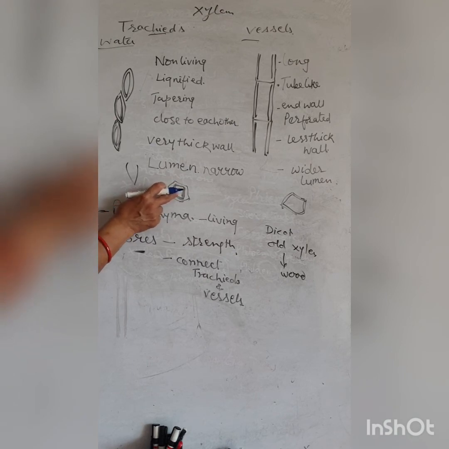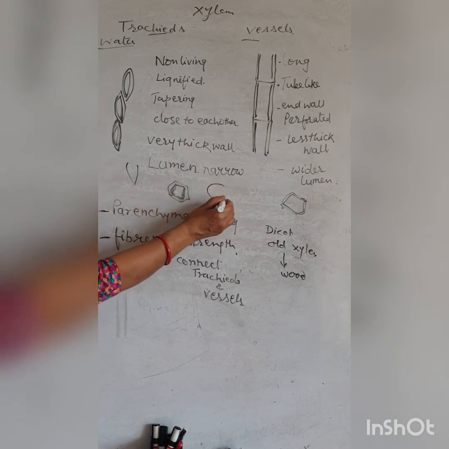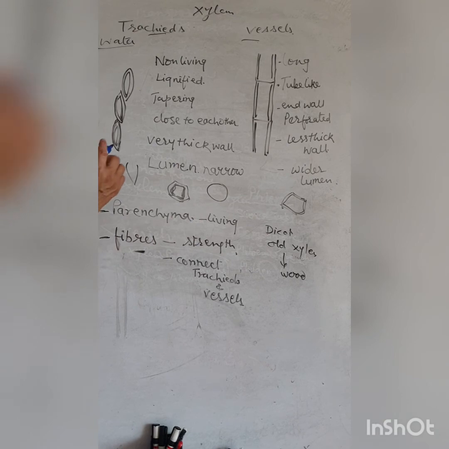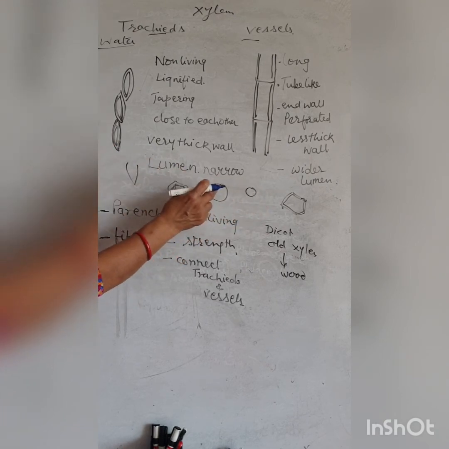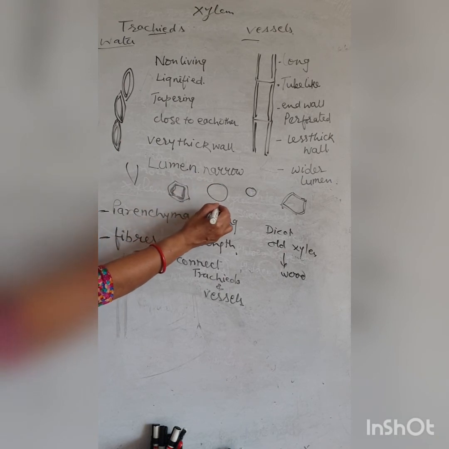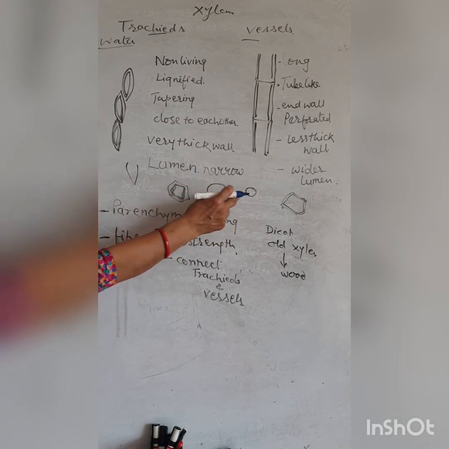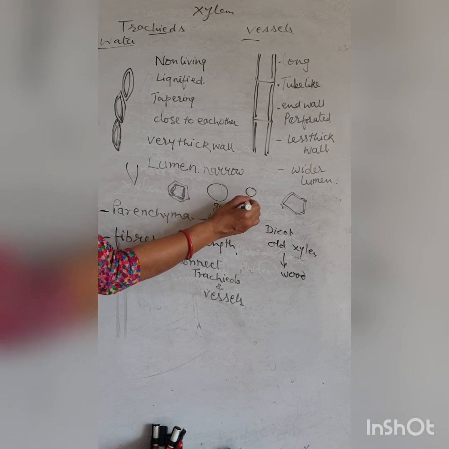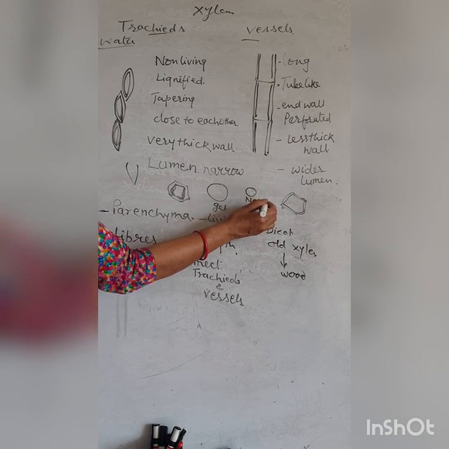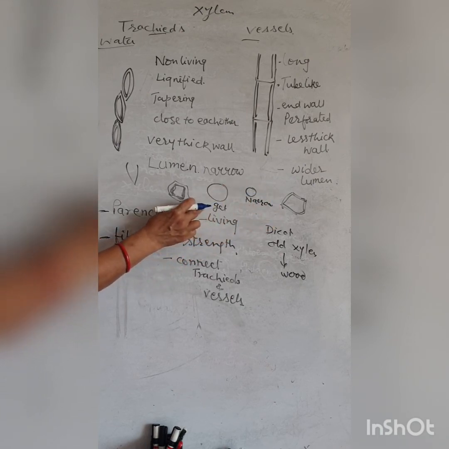For example, we have seen the gel pen refill and the ball pen refill. The lumen of the gel pen is wide and the normal ball pen refill is narrow. The space in the center is called lumen.